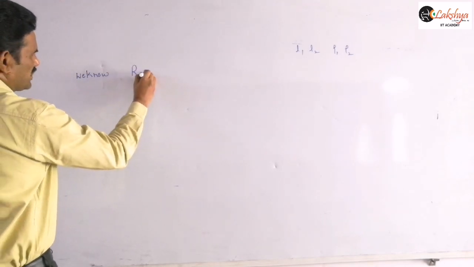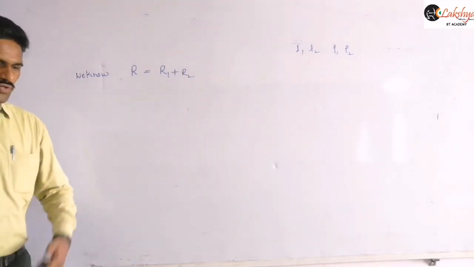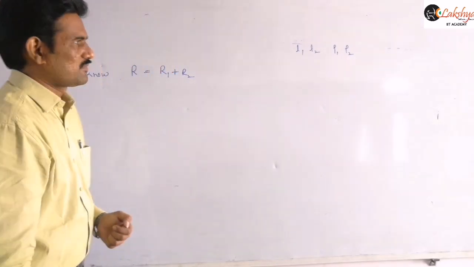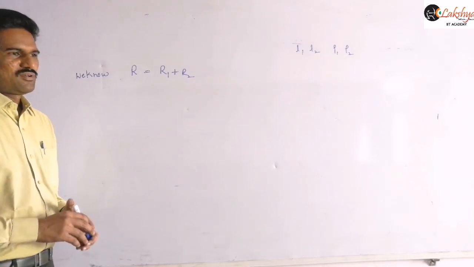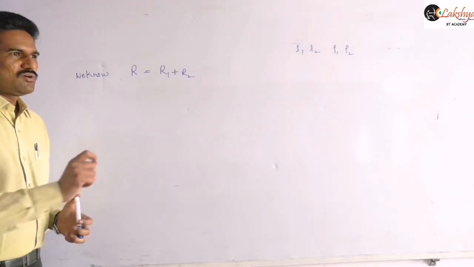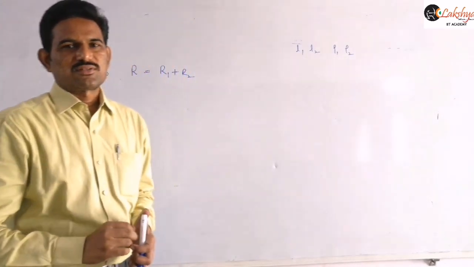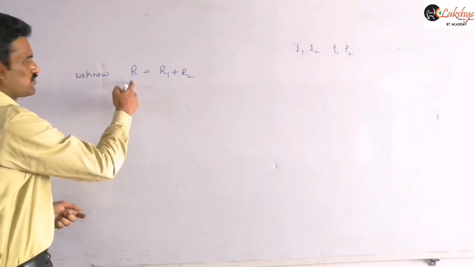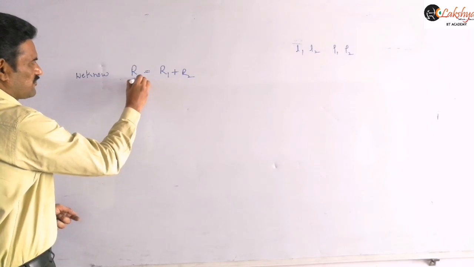So we know when two resistors are joined in series, we can write this as R1 plus R2. And we also know the formula for resistance in terms of length and resistivity. In brackets it is mentioned in the problem itself that the area of cross section of the resistors is the same. So we can substitute the formula R is equal to rho L by A here.